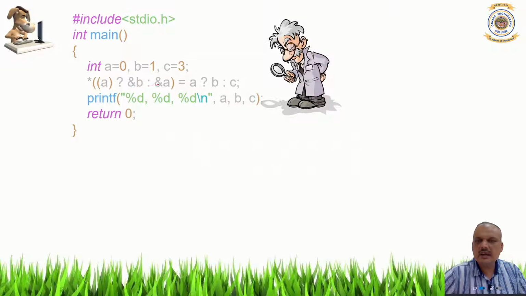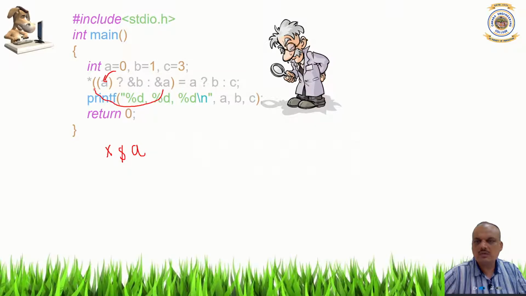Taking this into account, here I have *&B and &A. So what is A? A is 0, which means it is false. True is 1, false is 0. So if this is false, what gets output? The output becomes *&A, since the condition is false.